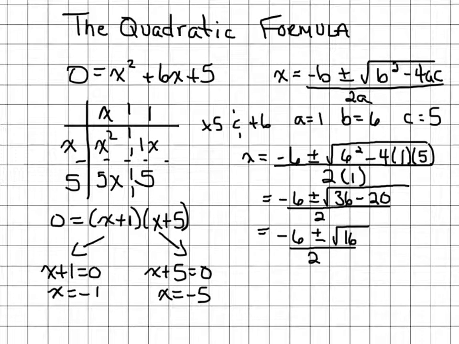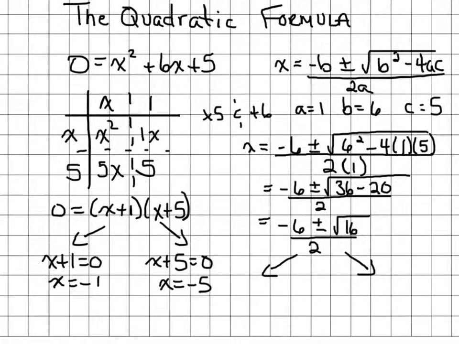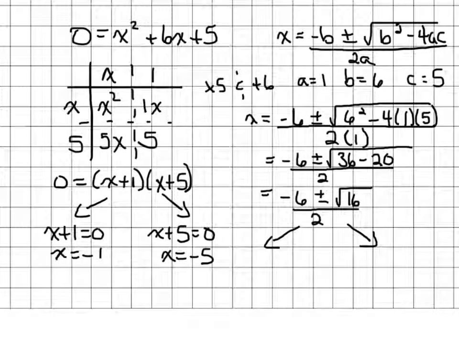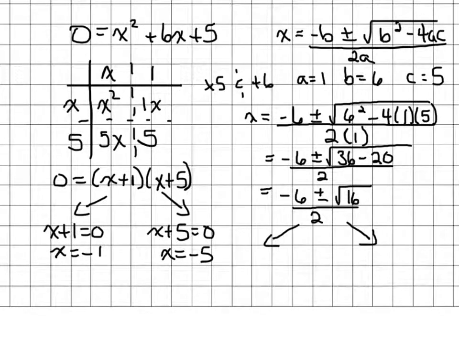So now this is where I'm going to branch off, because we have either a positive square root of 16 or a negative square root of 16. There are two possibilities, so I have two branches. I have minus 6 minus the square root of 16, all divided by 2, and minus 6 plus the square root of 16, all divided by 2.